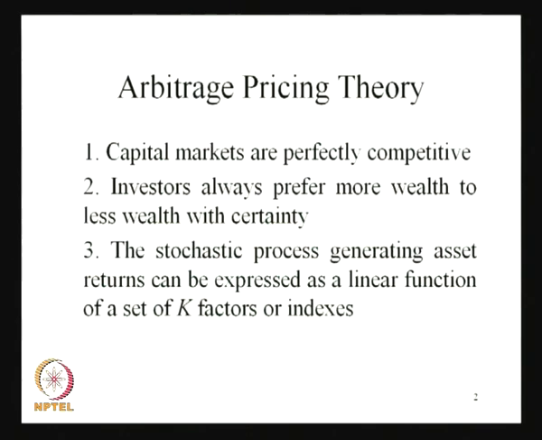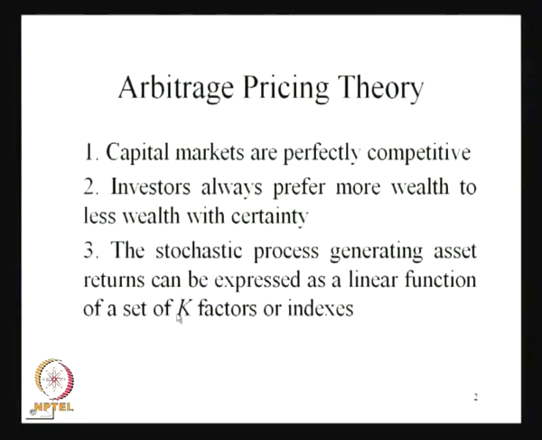Then the third point talks about the stochastic process generating asset returns being expressed as a linear function of a set of k factors. What does it mean? In the introduction I already said that some researchers have argued that beta is not the sole or unique factor which determines the expected return from a stock.